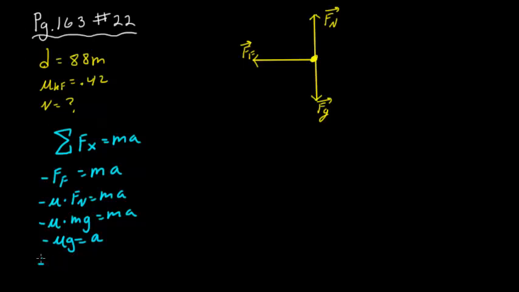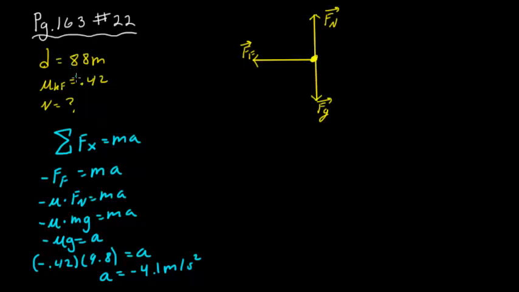So negative 0.42 times our constant gravity, 9.8 meters per second squared, equals our acceleration. So our acceleration equals negative 4.1 meters per second squared.